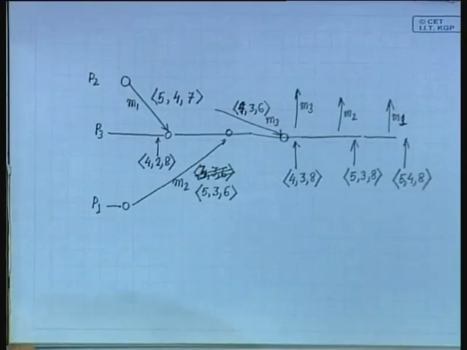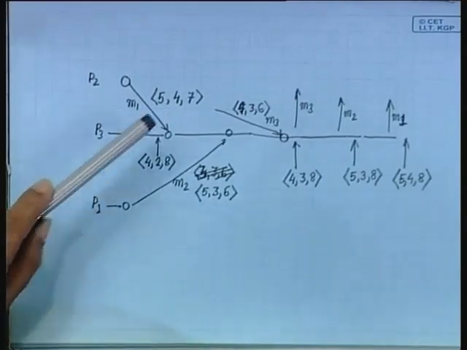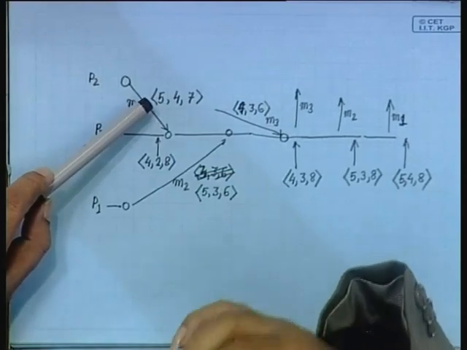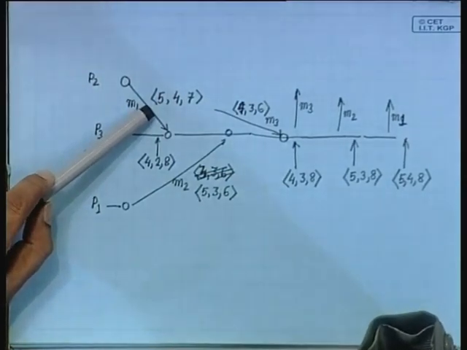So what if more than one message satisfies the condition? More than one message will not satisfy the condition. Suppose for M1, instead of 547, it is 447. If this is 447, then after M3 is delivered, both M1 and M2 satisfy.